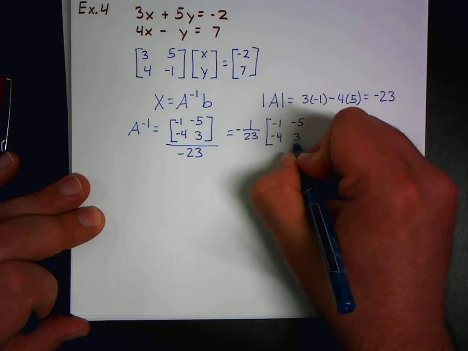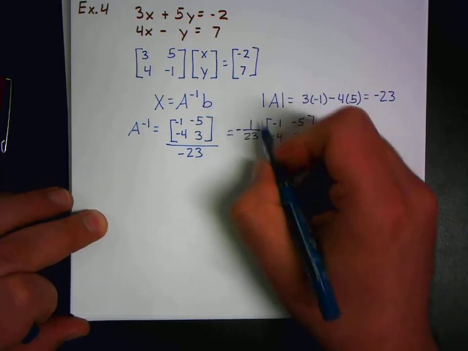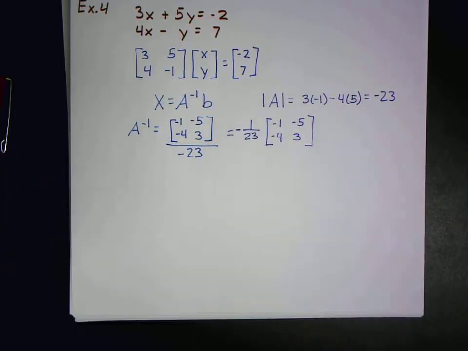Because according to one of our rules, with a scalar multiple, which is what this is, it doesn't matter when I multiply it. I can wait until the very end. So that's what I'm going to do. I'm going to do my matrix multiplication, then I will divide by that 23. So then I don't have to deal with any fractions.